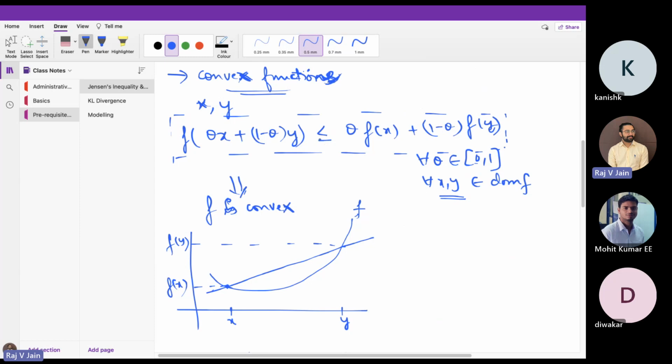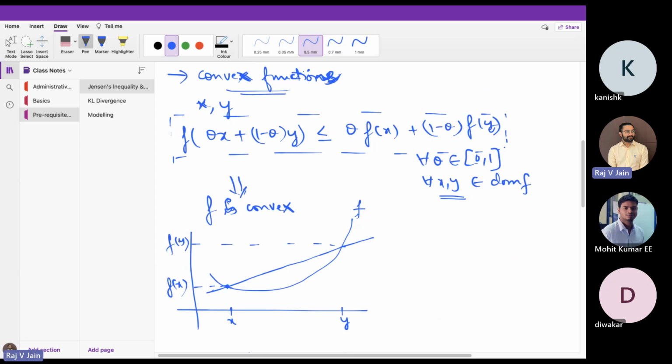What that means geometrically is that, if I have 2 points x and y, theta x plus 1 minus theta y talks about any point between x and y. For different values of theta, I'll have different values that span from x to y. Let's say at x I have this value f of x of the function, and at y I have this value f of y.